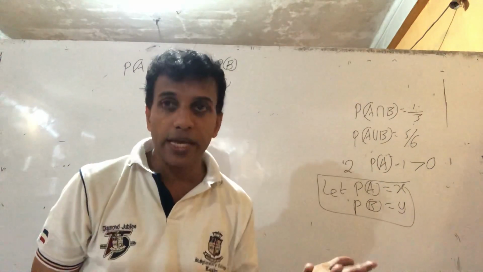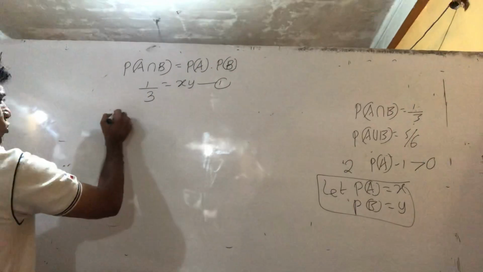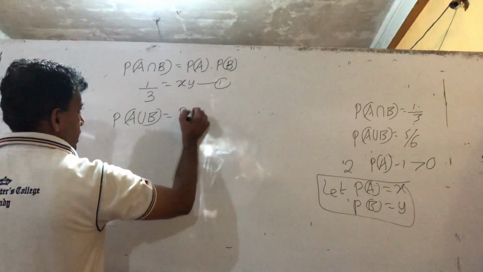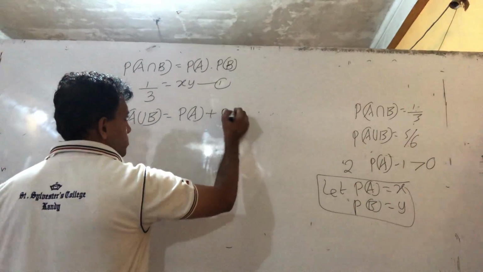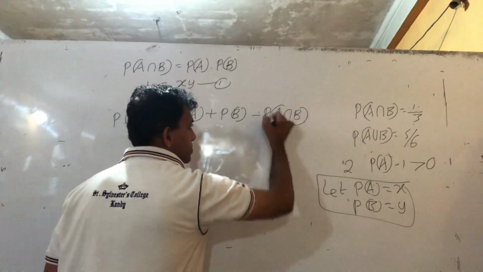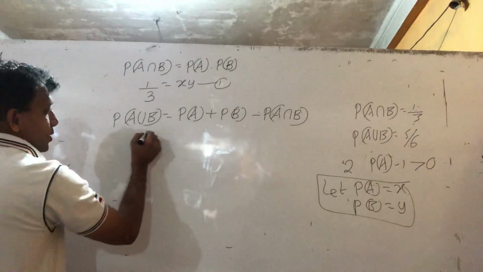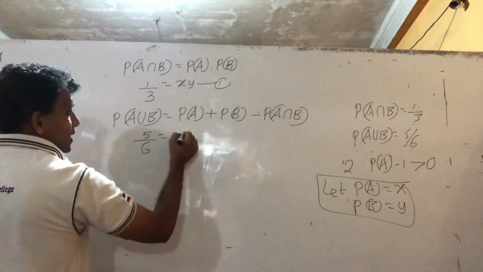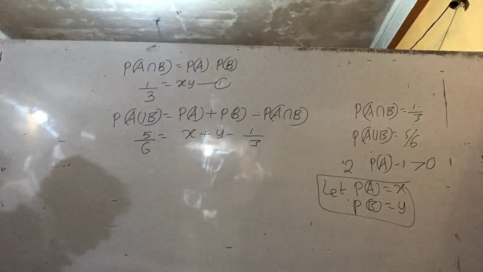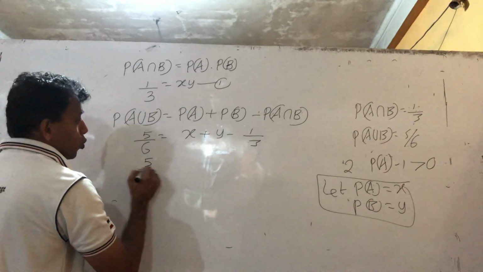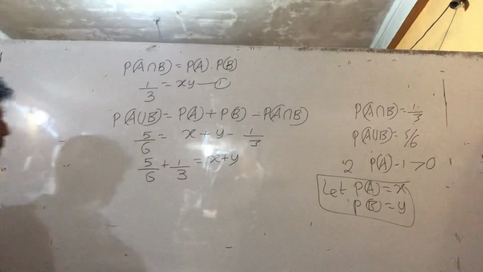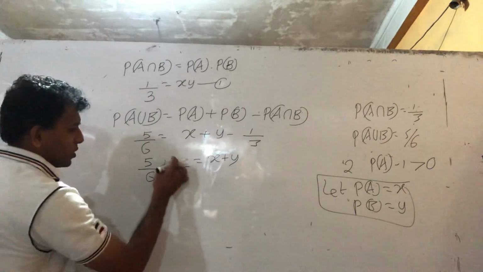PA plus PB minus A intersect B. So first write that formula: probability of A union B equals PA plus PB minus probability of A intersect B. This is given as 5/6, equals x plus y minus 1/3. Taking this to the other side and simplifying, 5/6 plus 1/3 equals x plus y, which is 7 over 6.